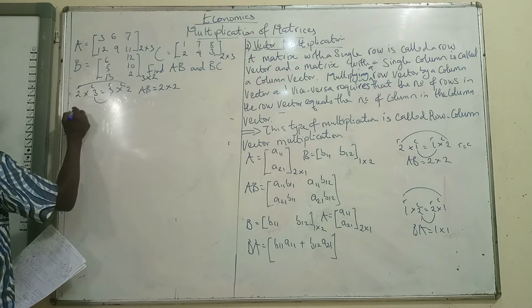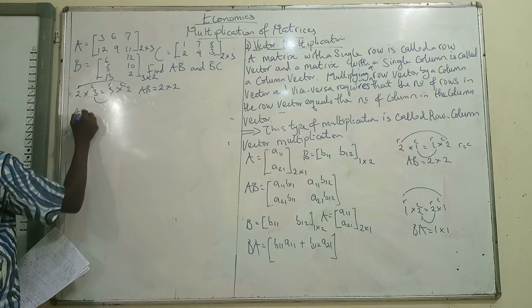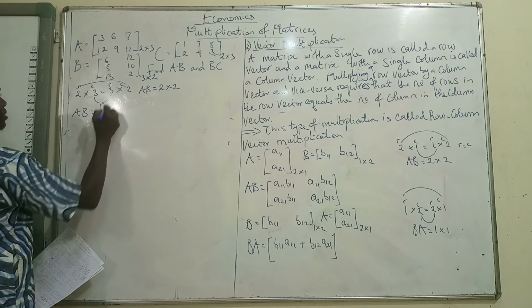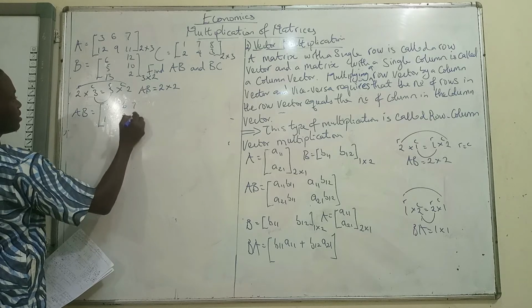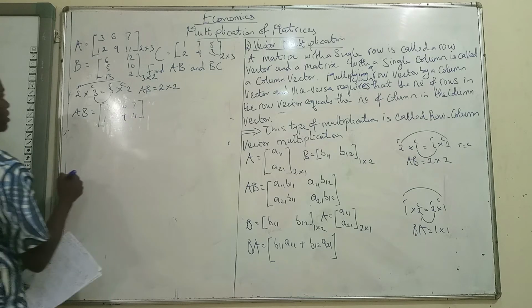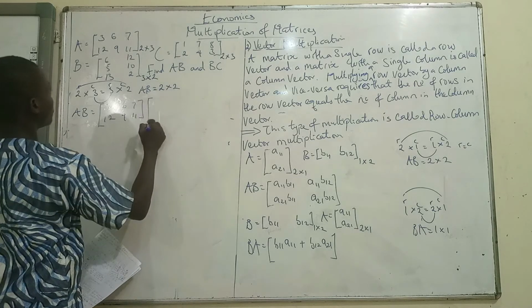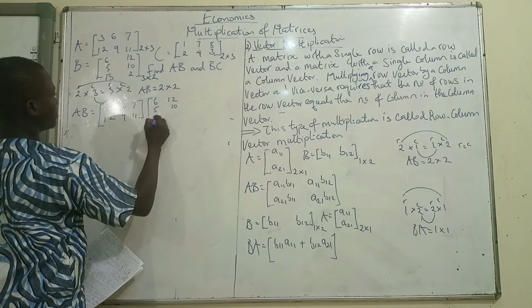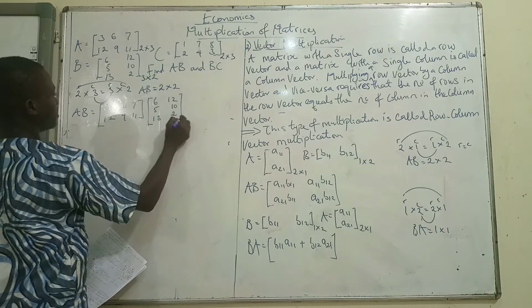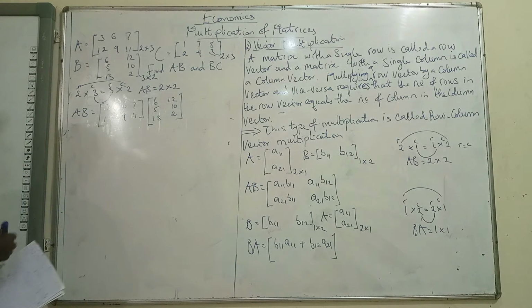So AB will then be, left to right, 3, 6, 7, 12, 9, 11. Okay, then what is B? B is 6, 12, 5, 10, 13, 2. Okay, so let's start solving.